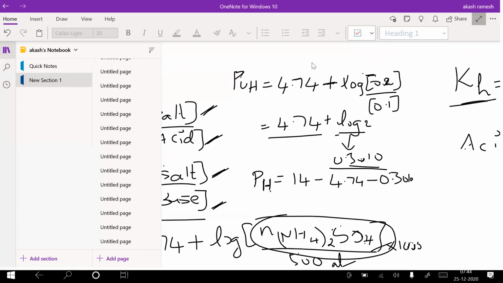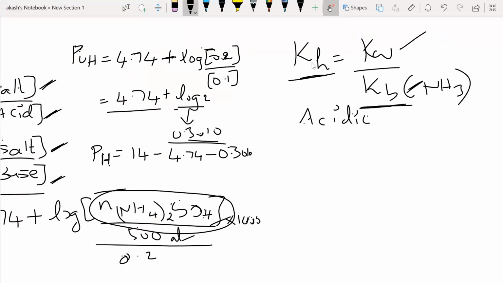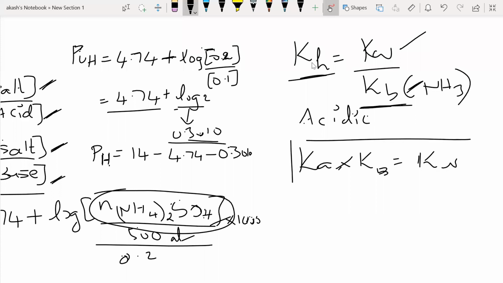Okay, so nobody remembers. I'll tell you the formula. The formula is Ka into Kb is equal to Kw. Hope you remember this, guys.